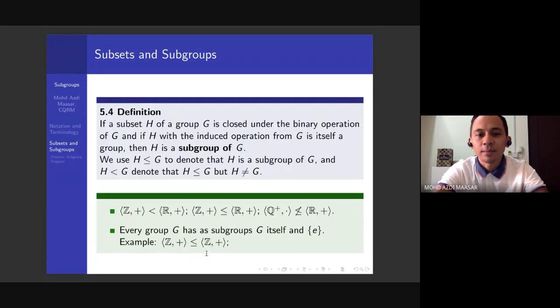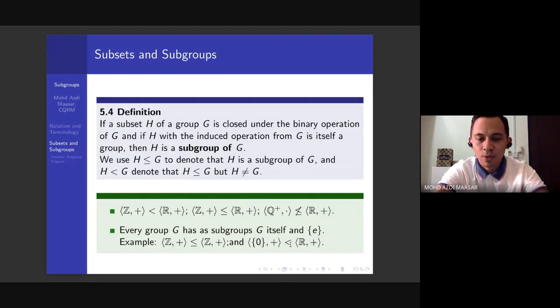So for example here, we see that the integers are a subgroup of the integers under addition, as well as the set containing 0 under addition is a subgroup of real numbers under addition. The operation is the same.